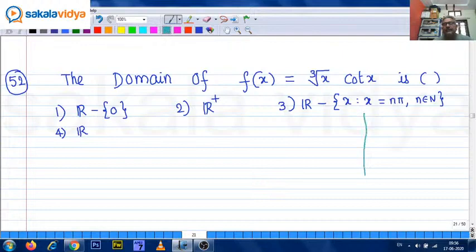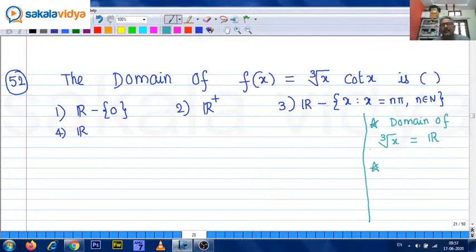So let us write basic facts here. First fact: domain of cube root of x is equal to set of all real numbers. This is one fact.